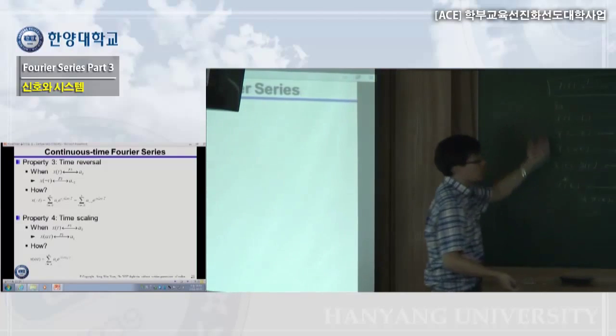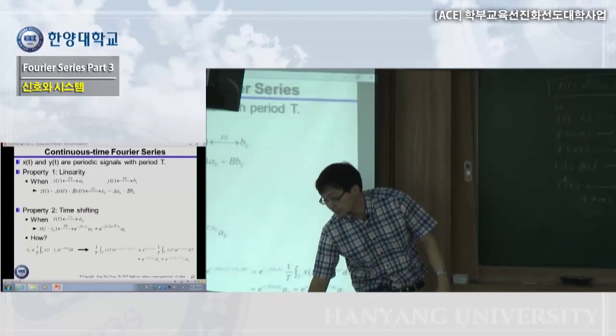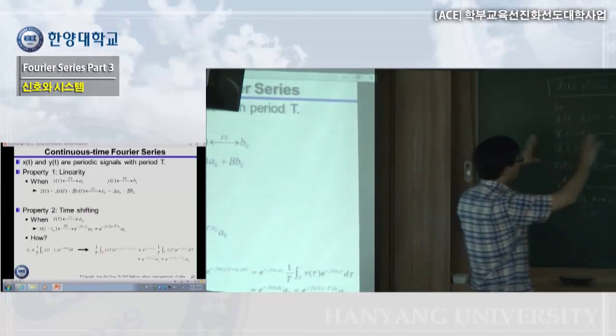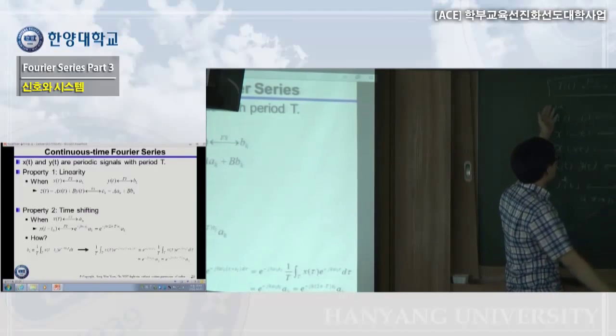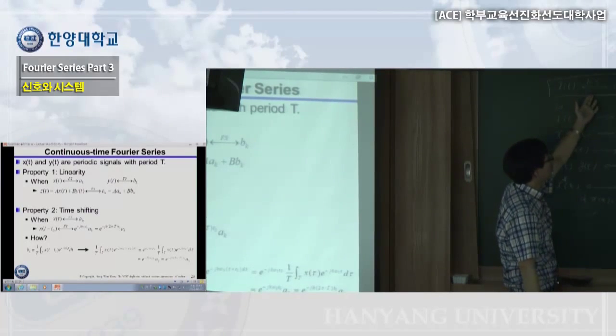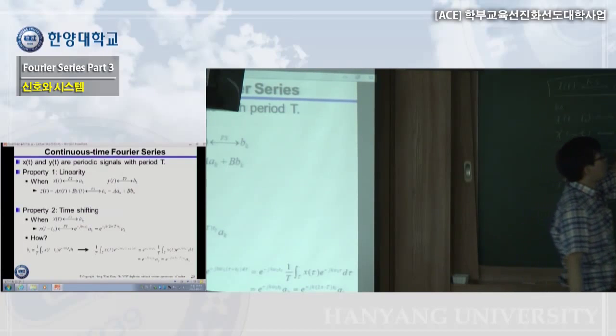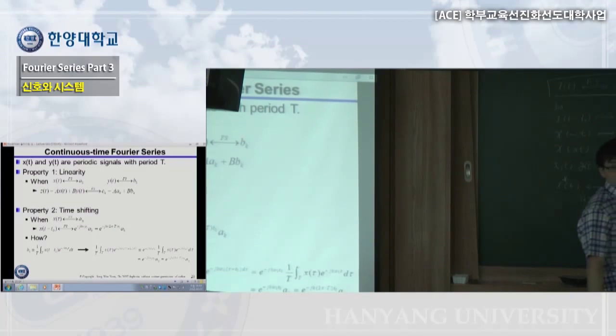The first one is linearity. All of our claims assume that x has Fourier series coefficient a k, and y has Fourier series coefficient b k. That's the basic assumption.